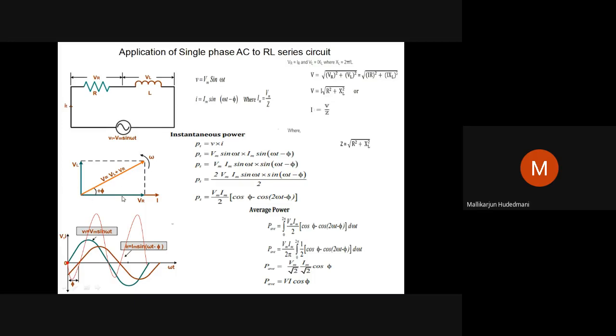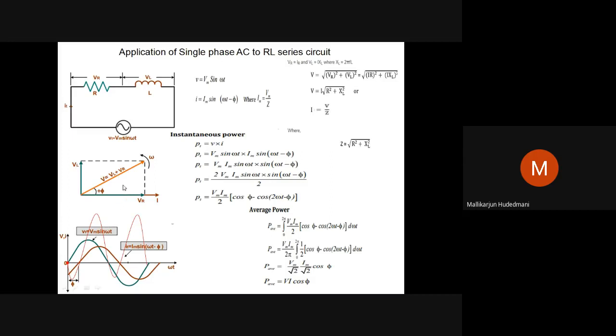This is the current flowing through the circuit, I. If I would have drawn this vector diagram such that V was horizontal, imagine this orange vector is lying horizontal. Then where does this I go? Below that. It means it is somewhere here. That is nothing but the current lagging behind the voltage.